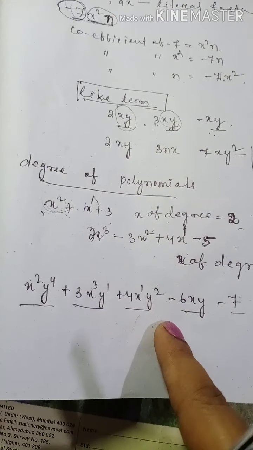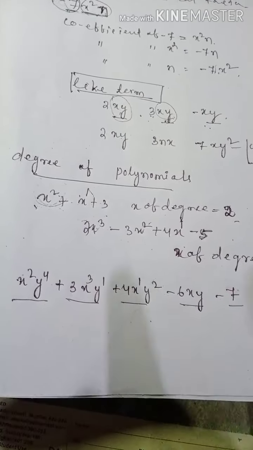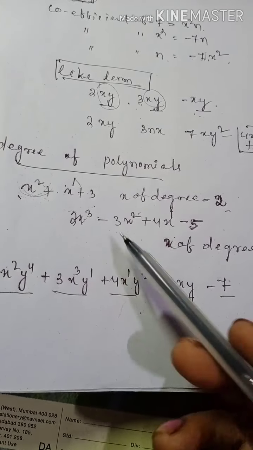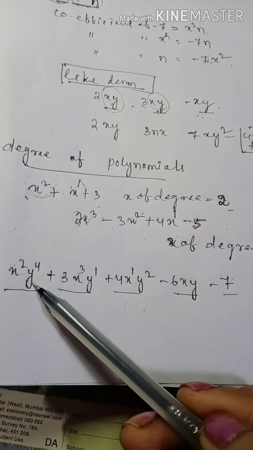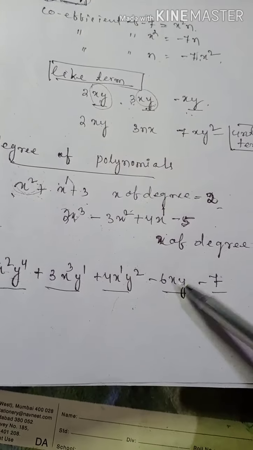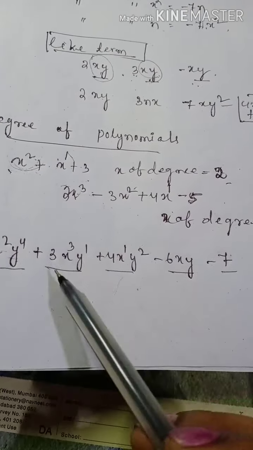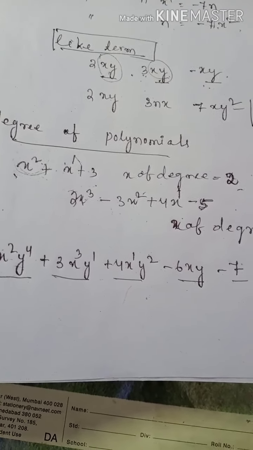In this polynomial, there are two different variables. Two or more types of variables are present. Here one variable x, x, x, but here x and y, x and y, x and y. That means this is an algebraic expression, a polynomial, which has more than one type of variable.